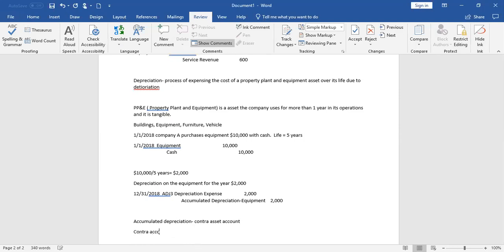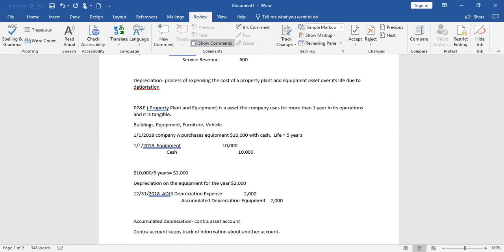A contra account keeps track of information about another account. So since we can't credit equipment directly, it's just the rule for any depreciation for the year, we will credit this contra asset called accumulated depreciation.